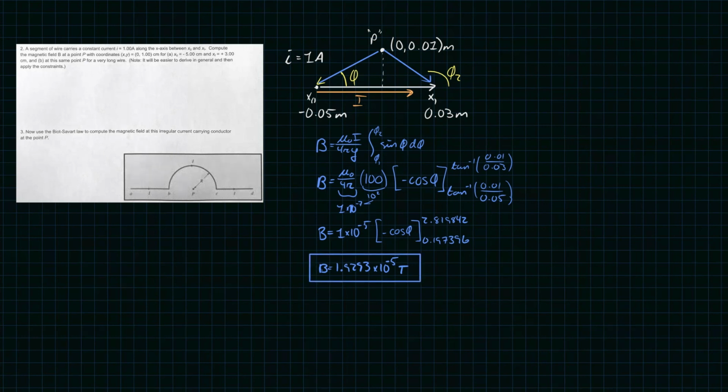Right? But it's probably going to want the direction of B. So using the right hand rule, if you point your thumb in the direction of the flow of current, you can assume that the current is rotating in the same way that your fingers are rotating.